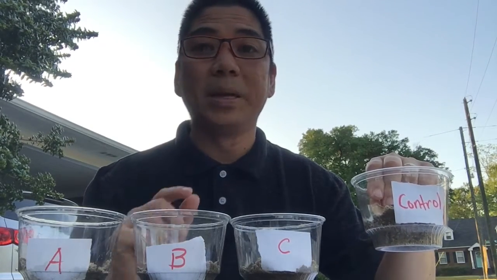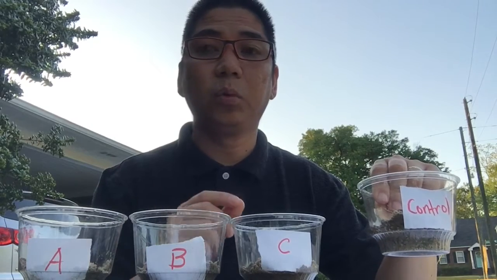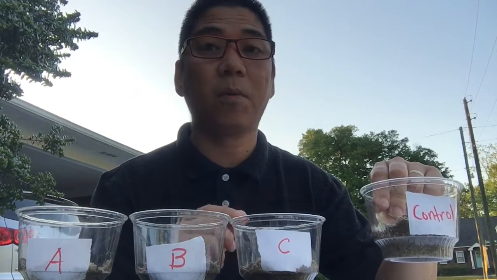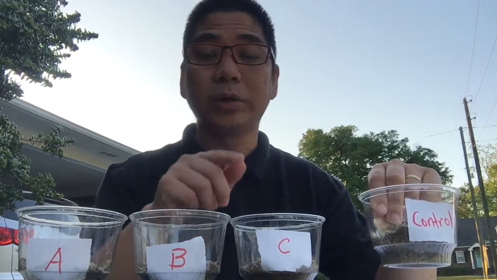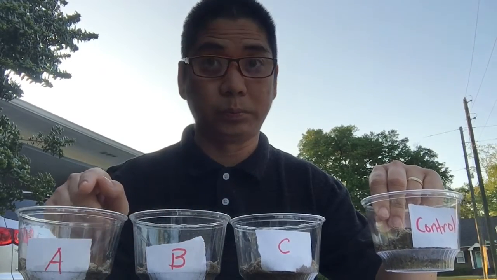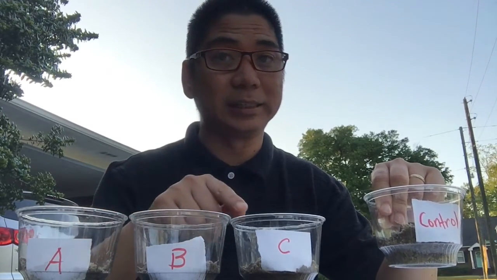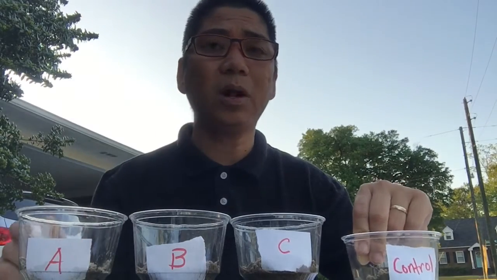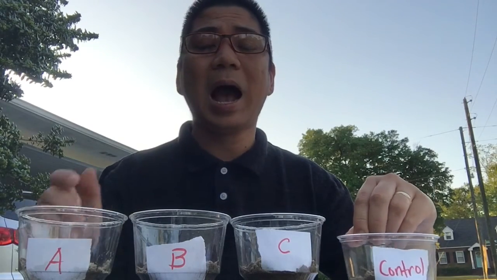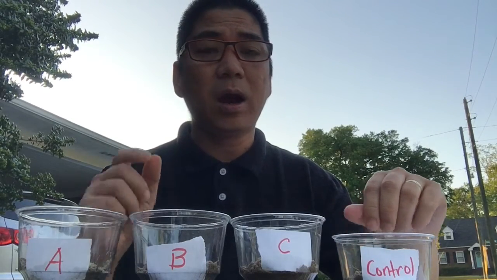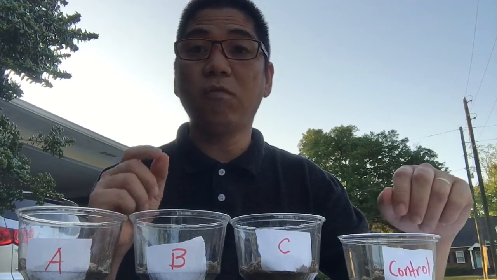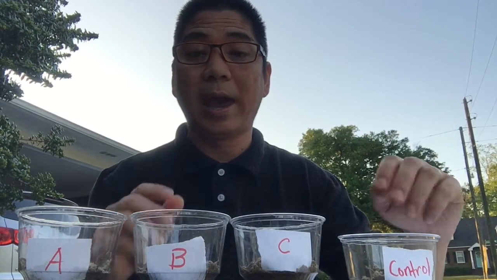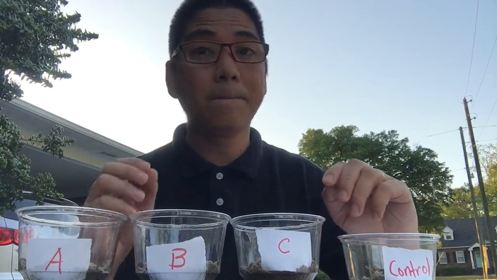Why? Because the control group will serve as the basis of comparison to each of these groups A, B, and C. Let's go back to the problem. The problem is I want to see the good amount of water that will help these plants to grow best.